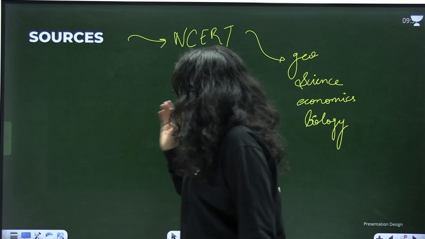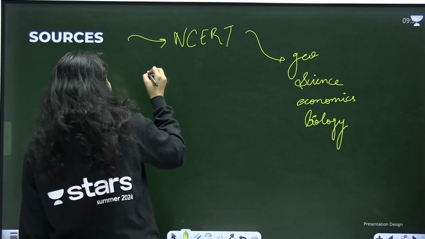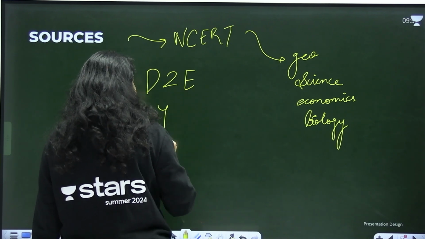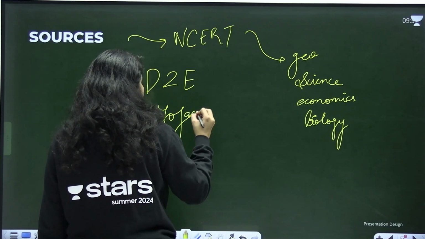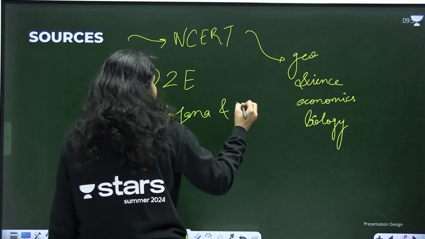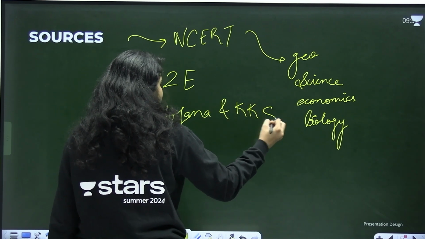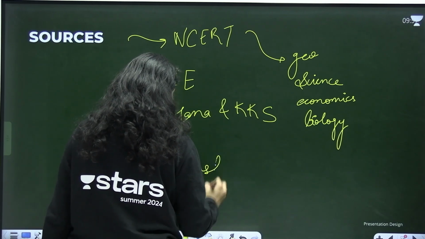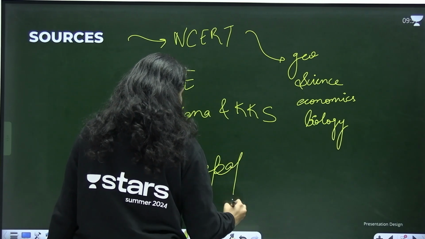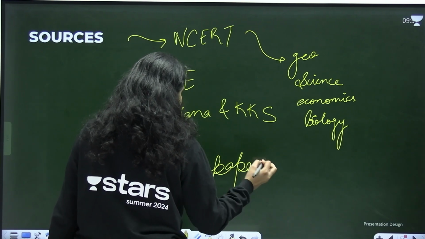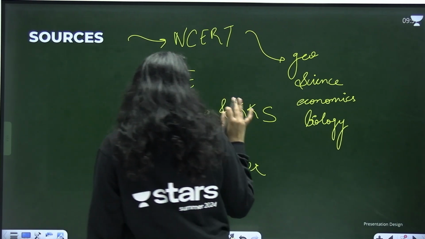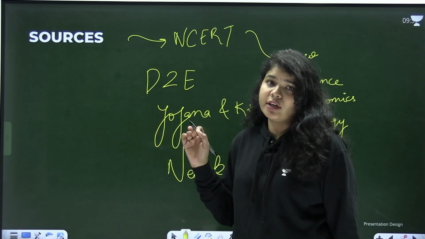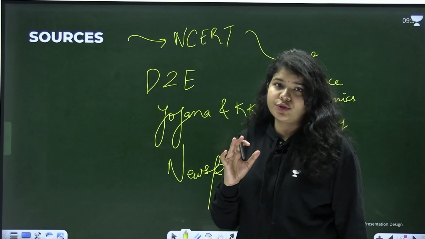Other than which, there are current affairs sources such as Down to Earth magazine, sometimes also Yojana and Kurukshetra. Then of course a very important source of our current affairs, which is the newspaper. All of these are more than enough to complete the very syllabus of Environment and Ecology.